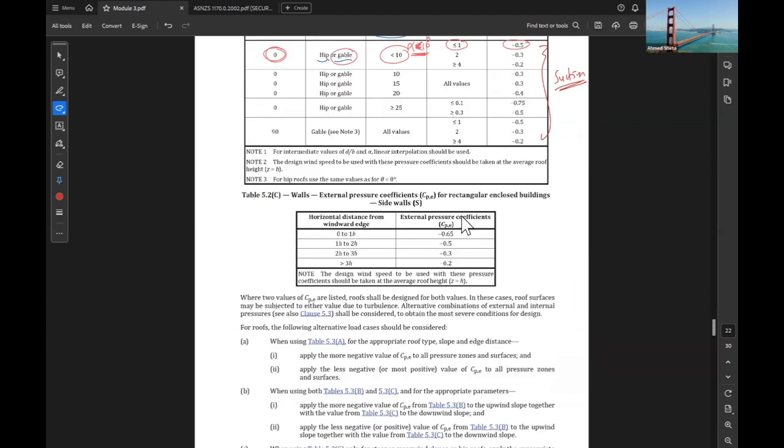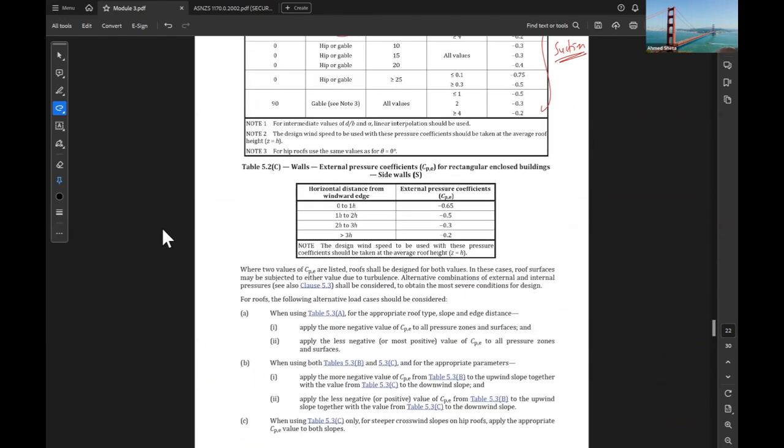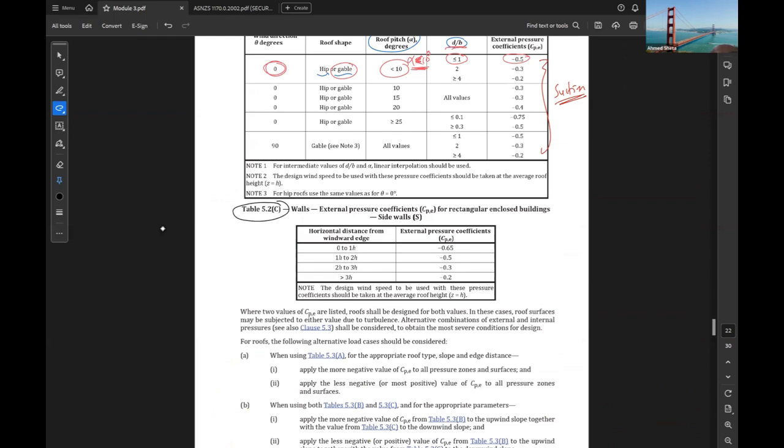What is the third type of wall we have in our building? We have side wall and side wall. The side wall has a different table, 5.2c. The external pressure CBE for an enclosed building side wall needs to be found using this table.